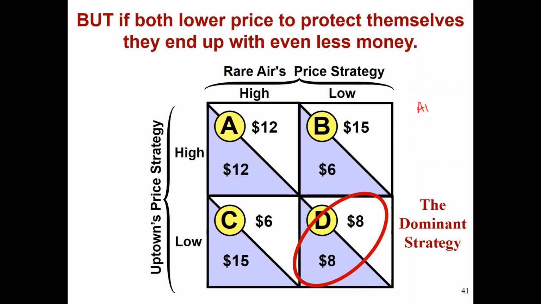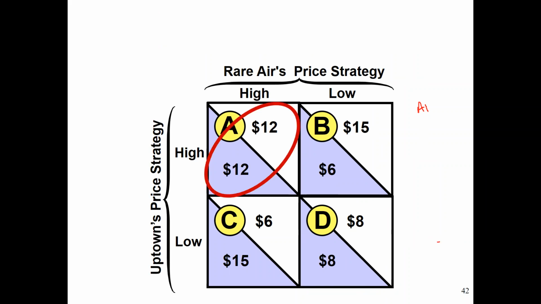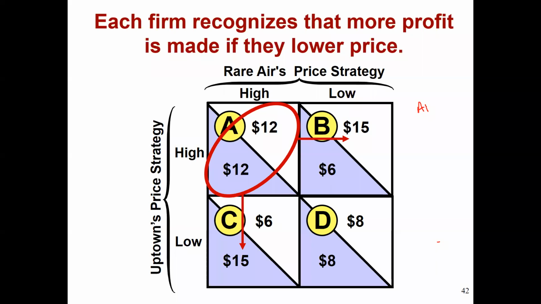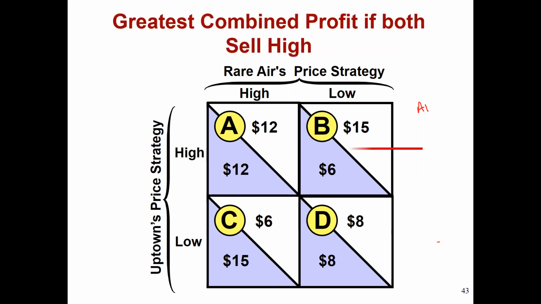Now, what would happen maybe in real life is I'd call Kevin up and say, let's go high and make 12. Now, notice at high, there's an incentive to cheat. Because if I go low and Kevin stays high, I'm making 15 and he's making 6. That's kind of the incentive to cheat.